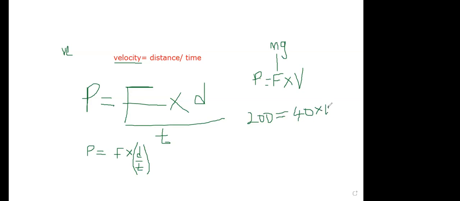That is acceleration due to gravity. And then all times V, which is our velocity. So our 200 is equal to 400 V.